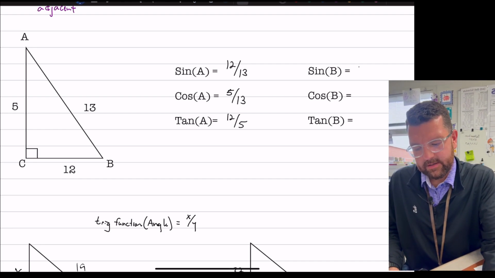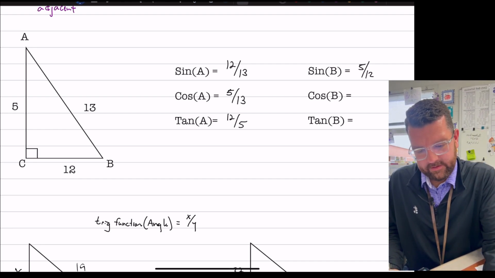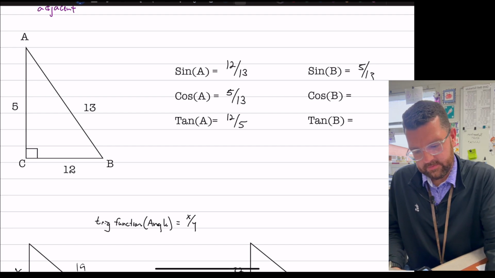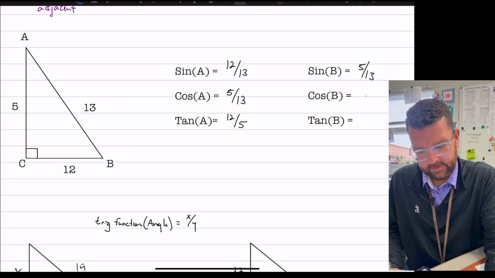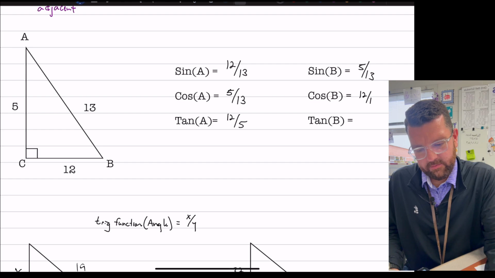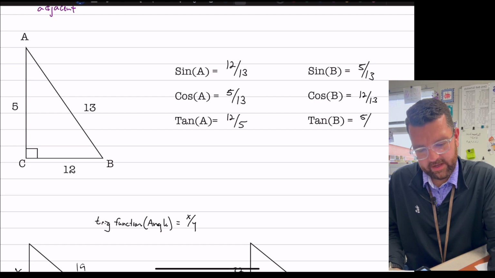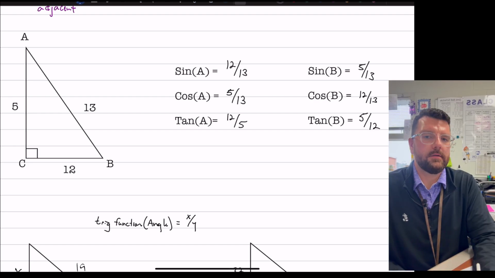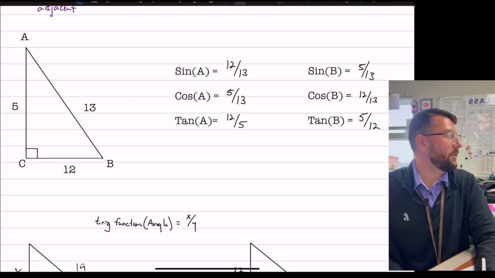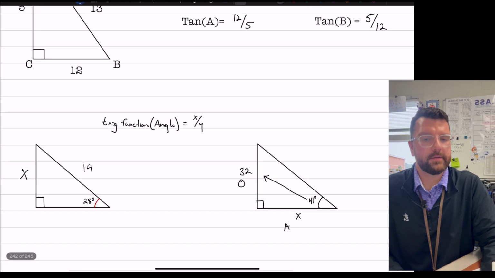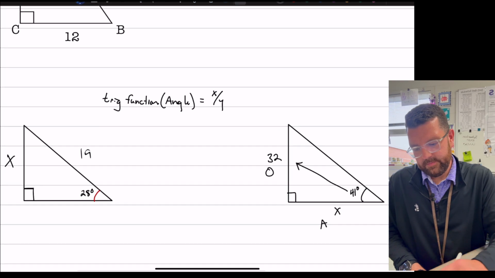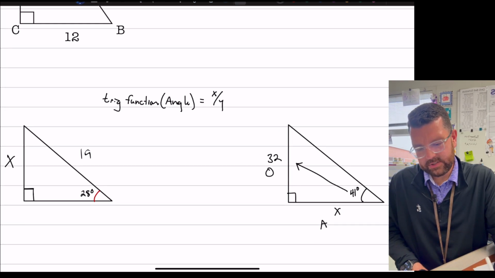Sine of B would have been 5 over 13. Cosine of B would have been 12 over 13. And then the tangent of B would have been 5 over 12. Everyone got that? Good. Okay, copy these two in your notes.